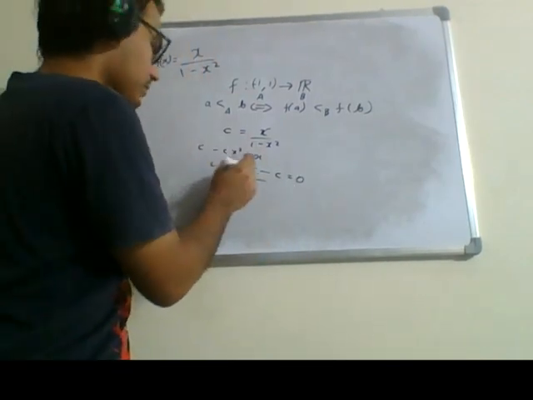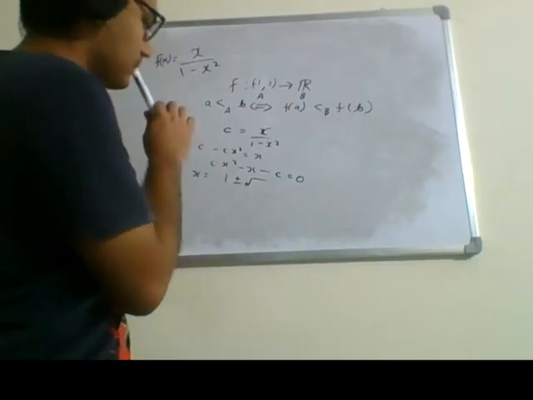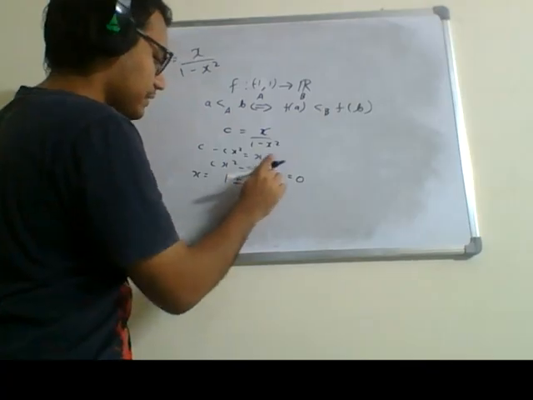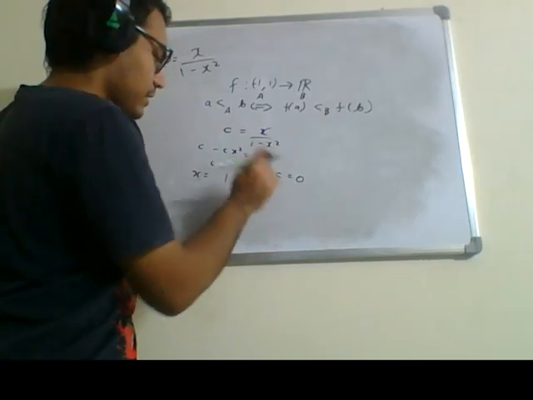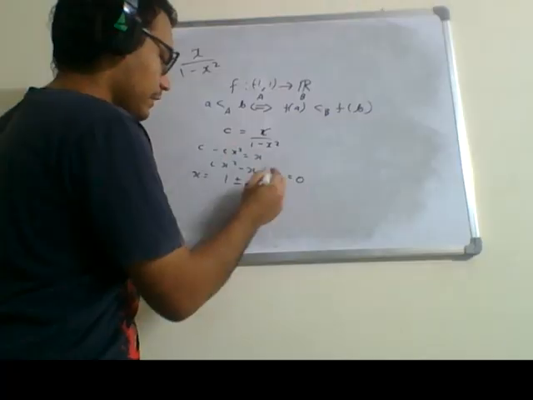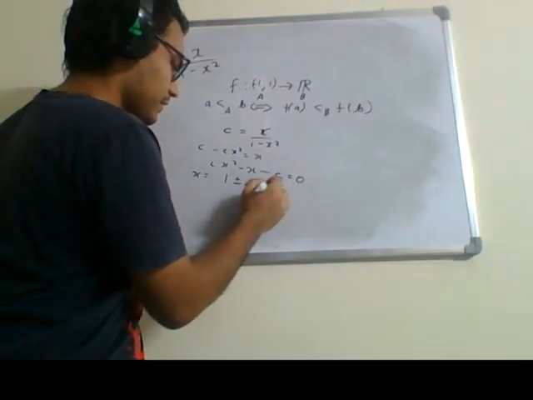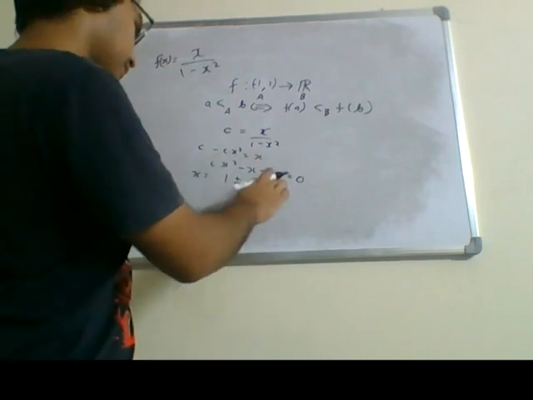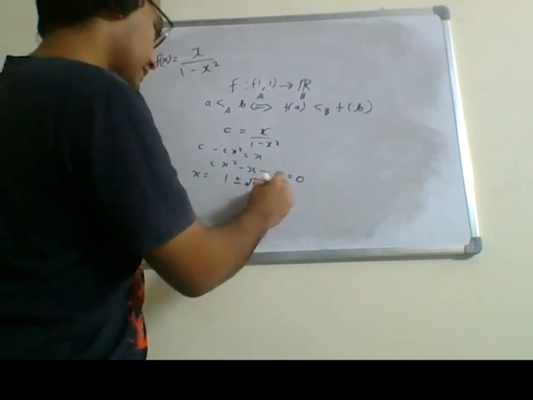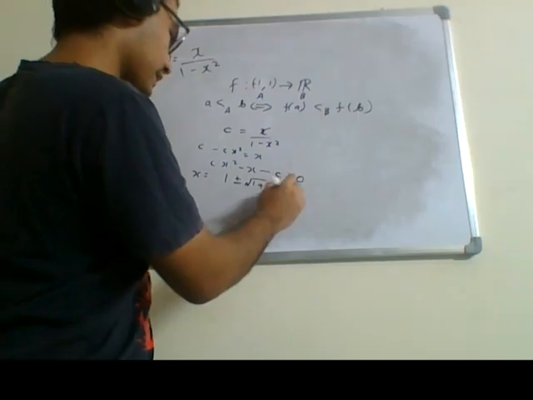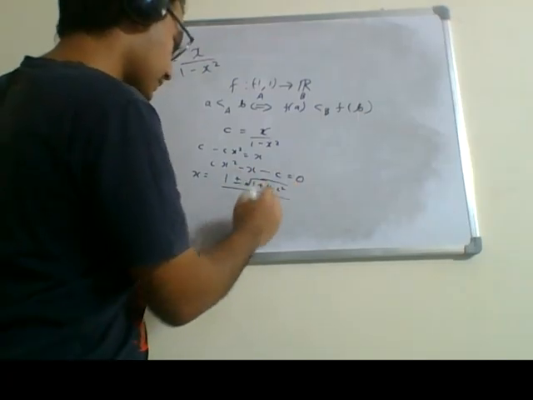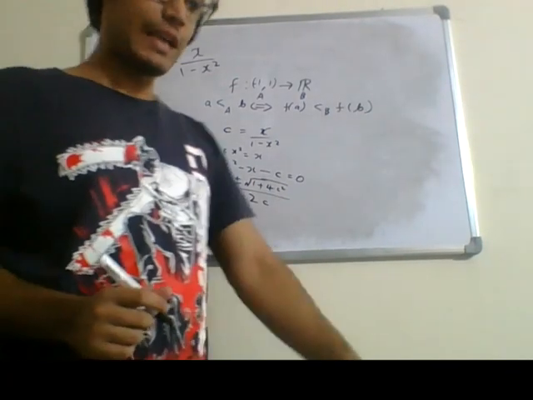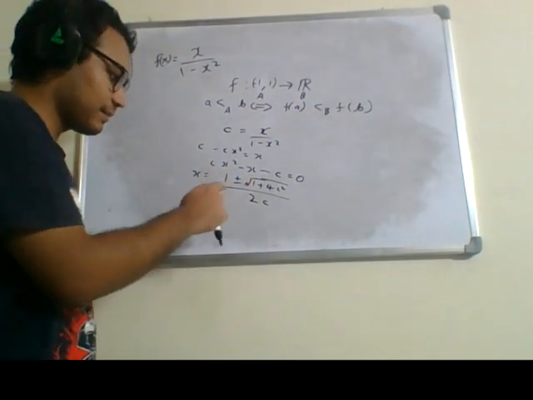So x is equal to, what do we get? We get 1 plus minus the square root of 1 plus 4c squared, all by 2c. And which of these is more than 1?